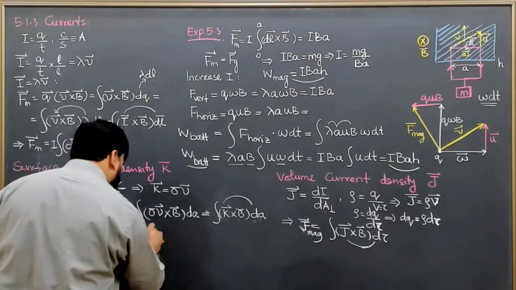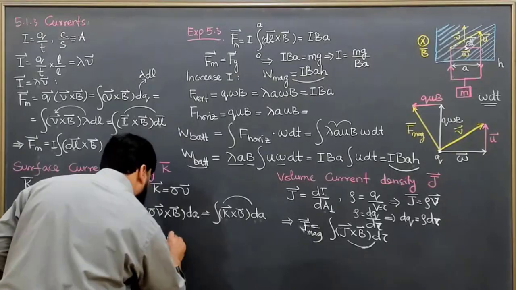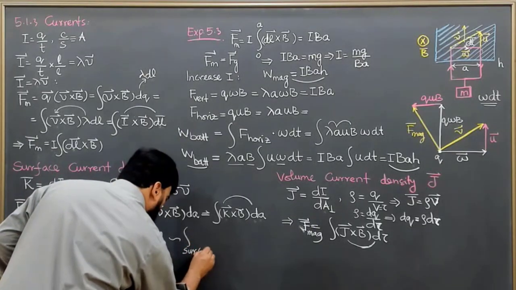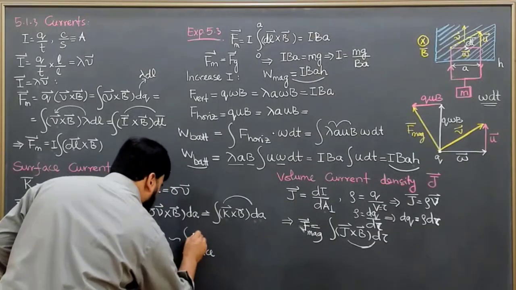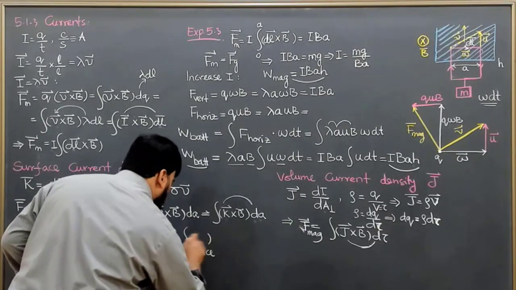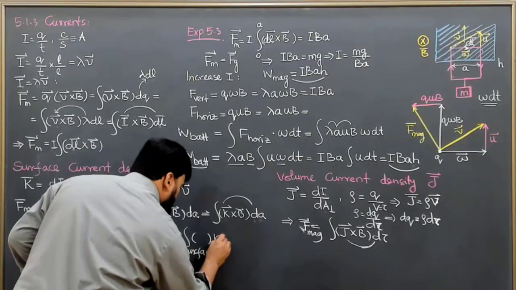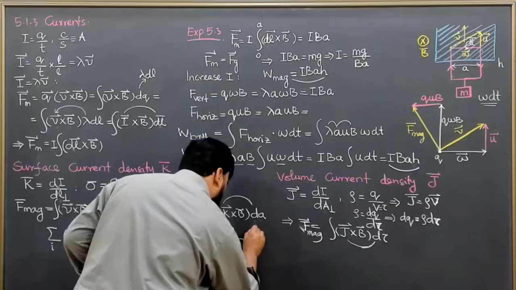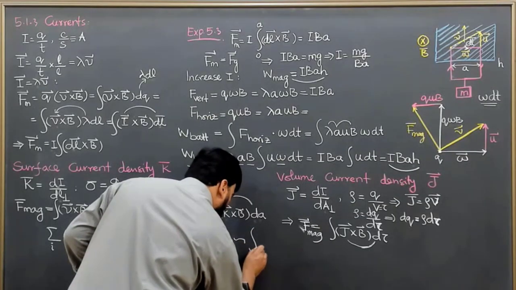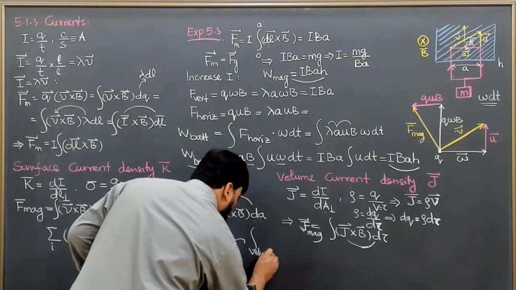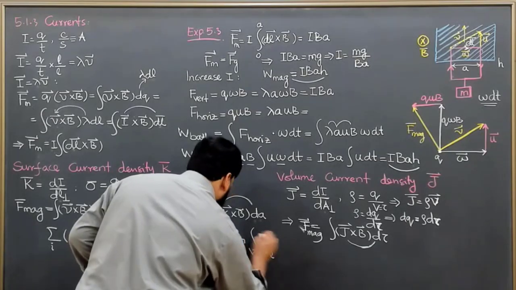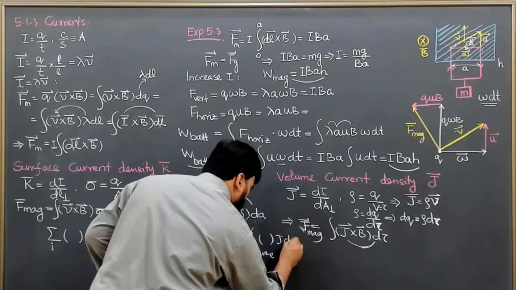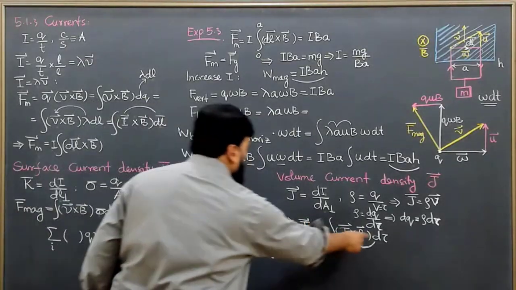Similarly, I is a vector here, and for the surface I will write K dA, K being a vector, and for a volume, J d tau.